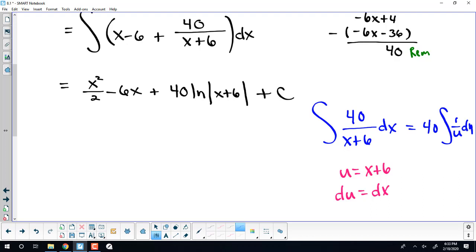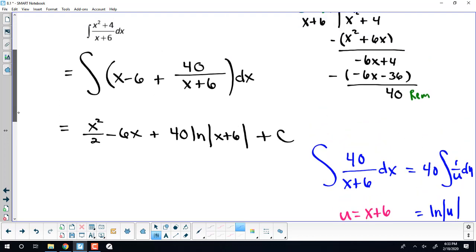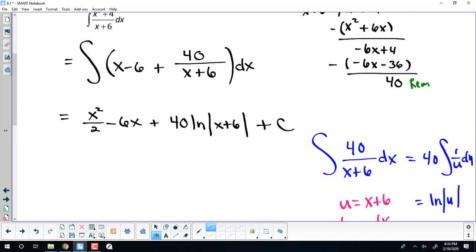So that's antiderivative is the natural log absolute value of u times 40. That's our final result there.